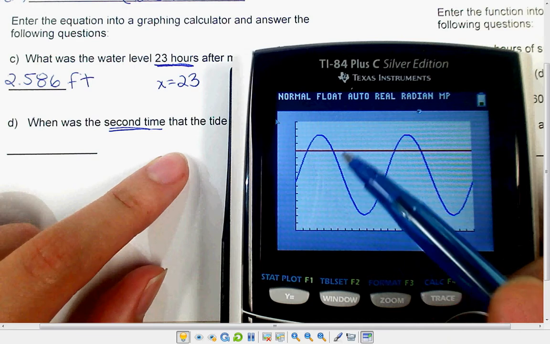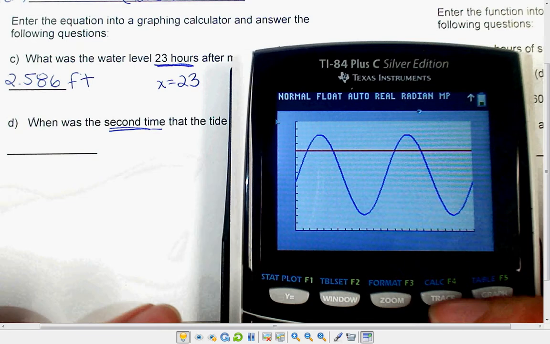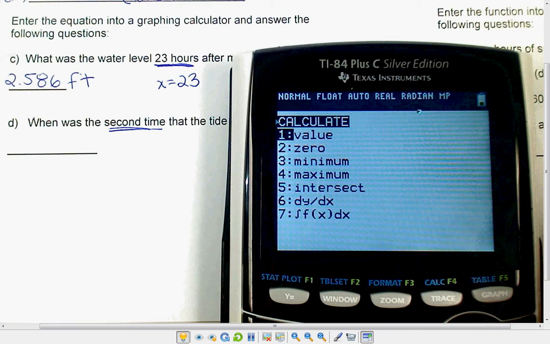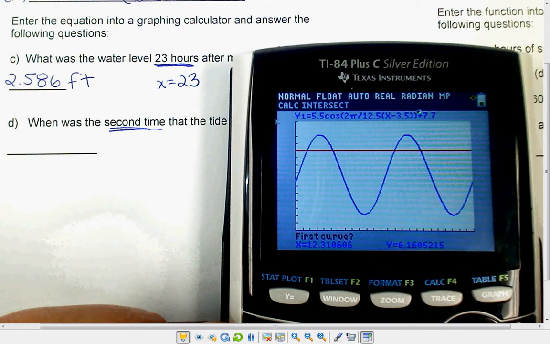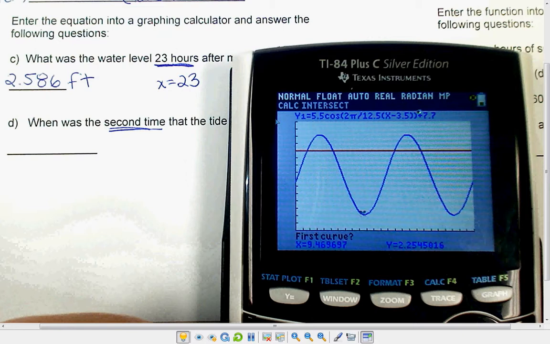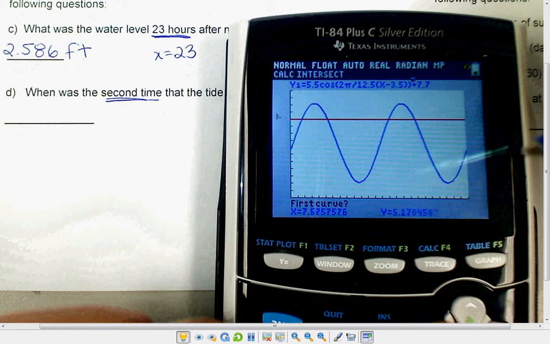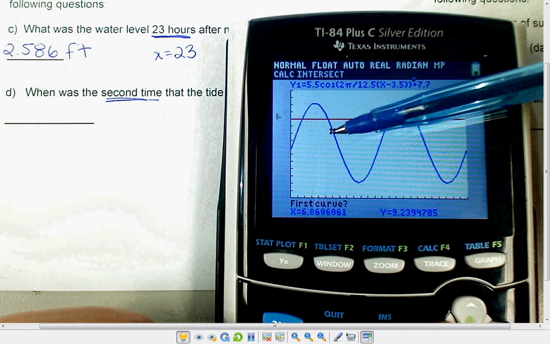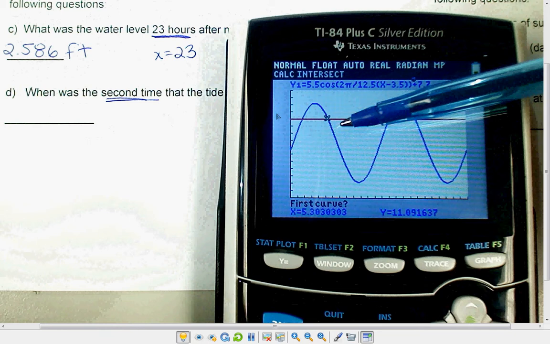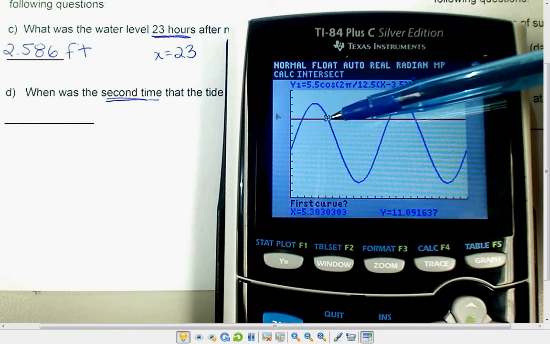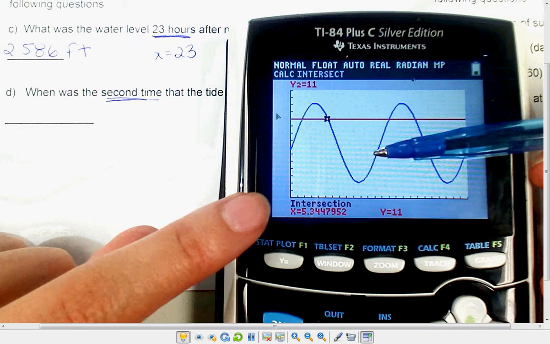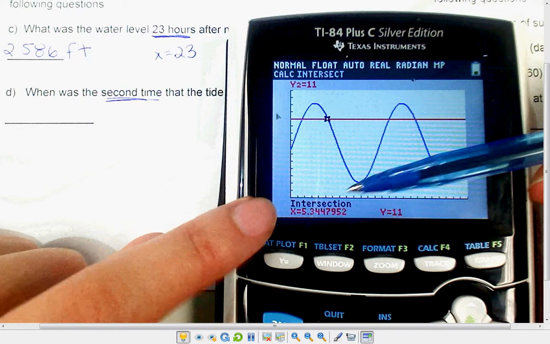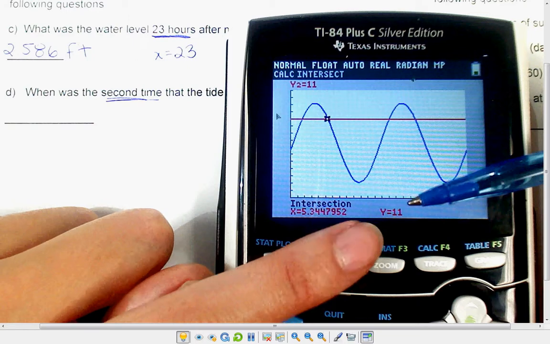To find this, we're going to use second trace, and we're going to go to intersect, so number 5. Once I press number 5, I now need to move my cursor over, so I'm going to use the arrow button and move it over so that it is right on top of the intersection point that I want, the second one. So once it's blinking on top of that, now I'm going to press enter, enter, enter, and it should now say intersection, and it gives me my x value and my y value, which is 11.